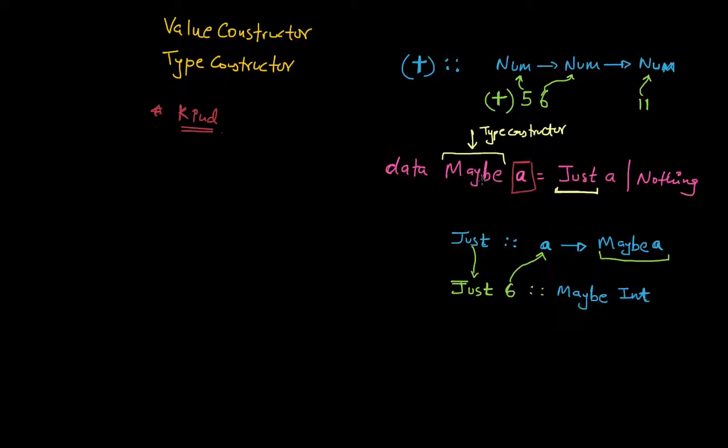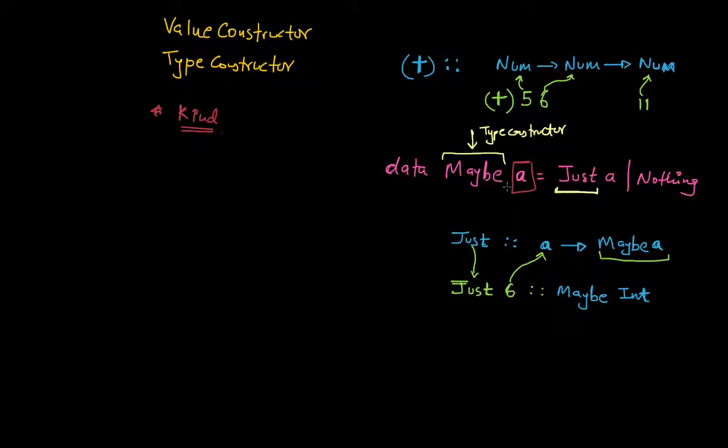Maybe is not a type. It is a mechanism, an approach, a constructor that will allow you to create a type out of it. Okay, so what kind of type can I pass in as an input to Maybe?